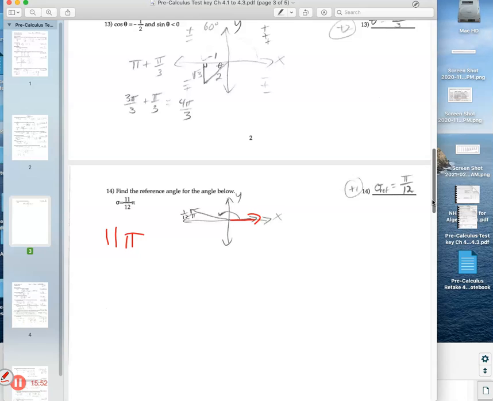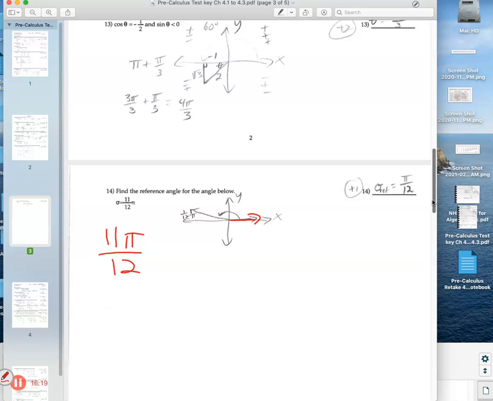We would never write an answer that way, because historically it's supposed to look like 11 pi over 12. But often computers have a hard time doing that, so you'll see it written as 11/12 pi. I think this test had it both ways actually. Every once in a while they'd switch back and forth. But as I talked about in class, we're supposed to have this as 11 pi over 12.